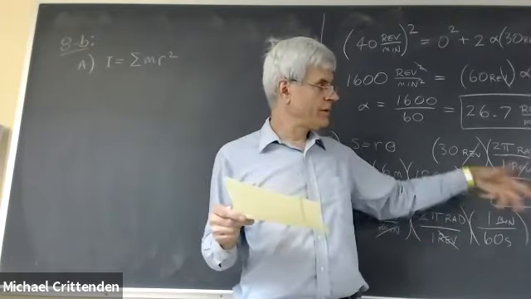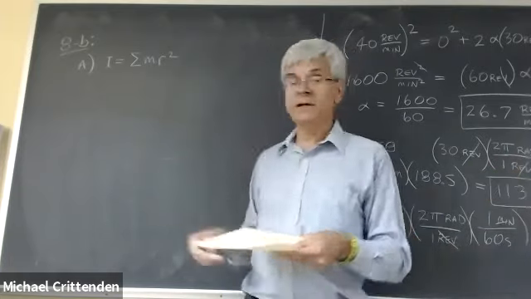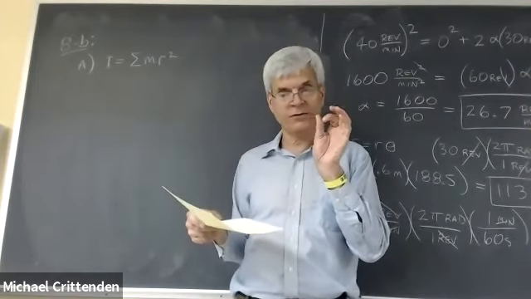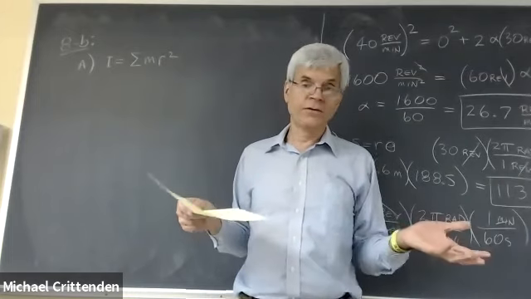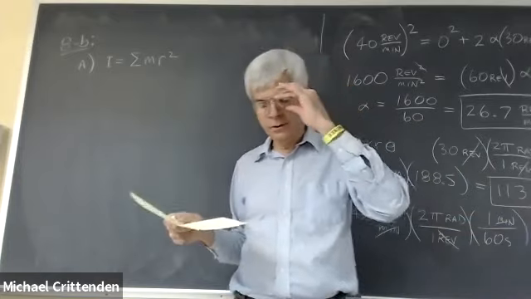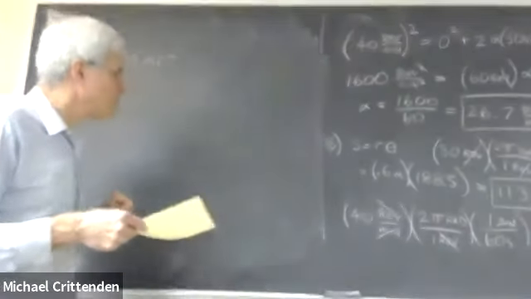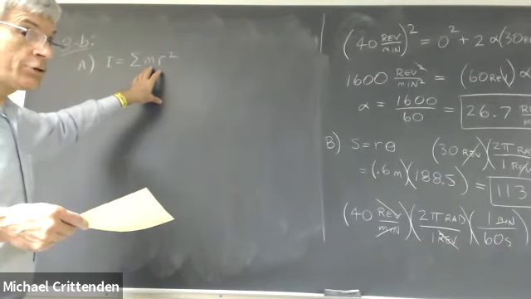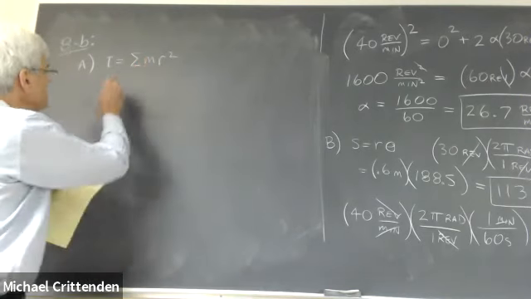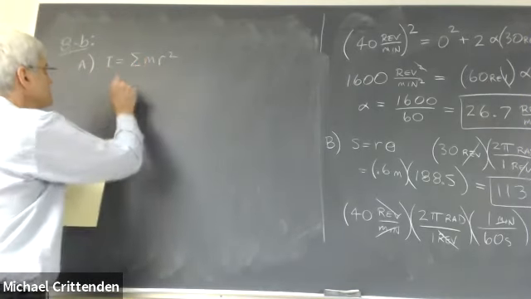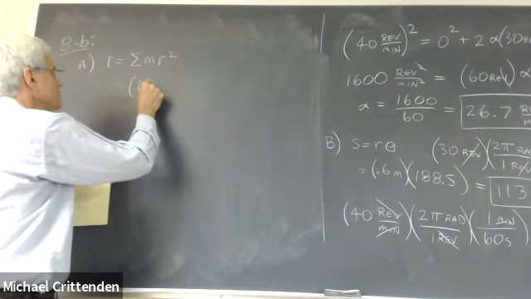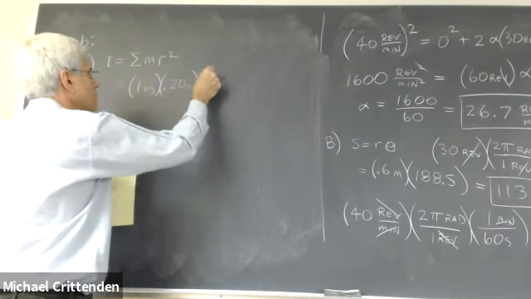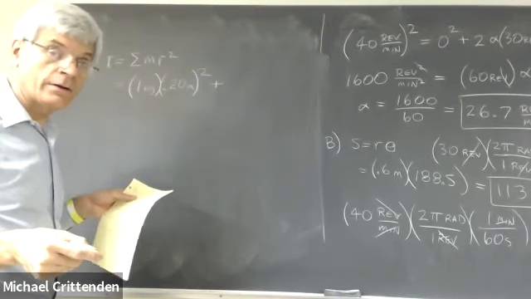Well, if it's a hoop or a disc or a sphere or something, the summation has like a bazillion terms in it because you break it up into a very large number of very small pieces. For those of you who've taken calculus, you integrate is what you do. Take the limit of infinitely many, infinitely small particles. But in this case, there are only two particles. So it'll just be mr squared for the one plus mr squared for the other one.